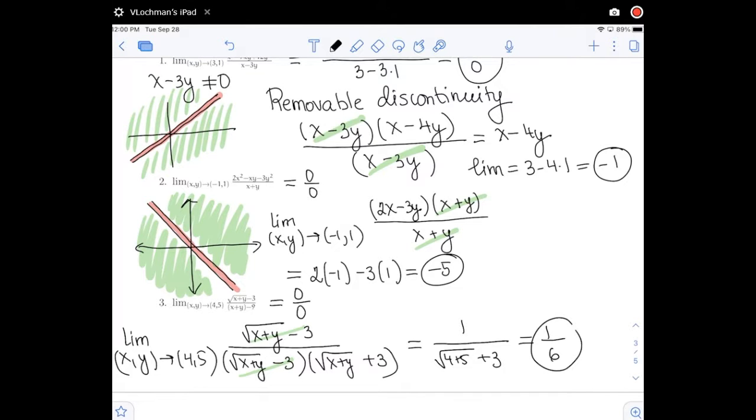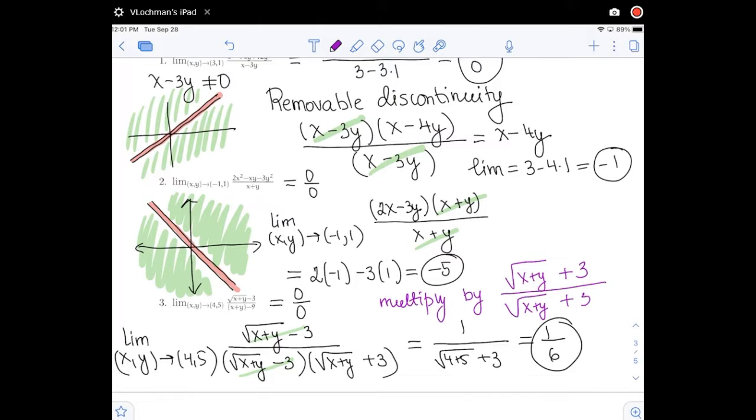That's one way you could do it. Another trick to remember is to multiply by the conjugate. So another way to do it is to multiply by this expression, square root of x plus y, plus 3, and of course, we multiply it on top and on the bottom.